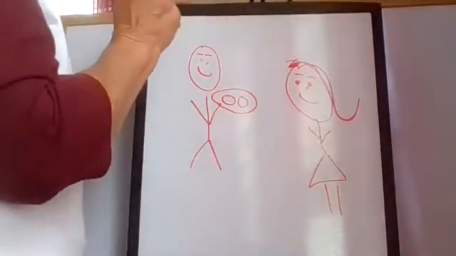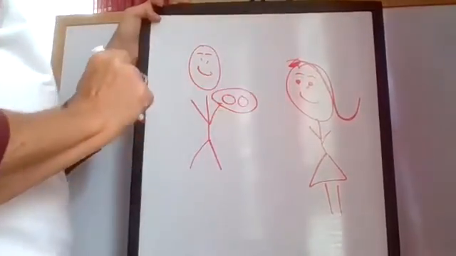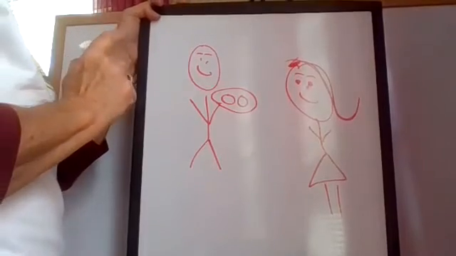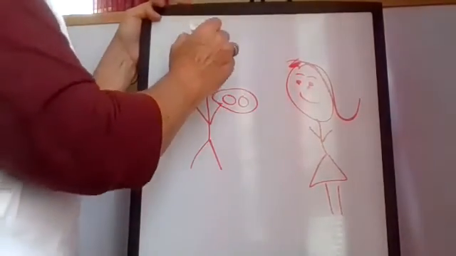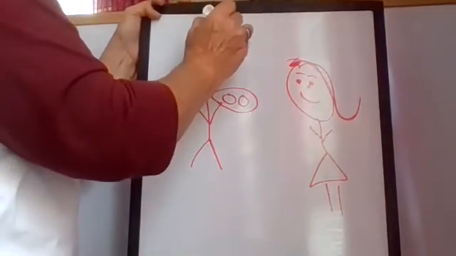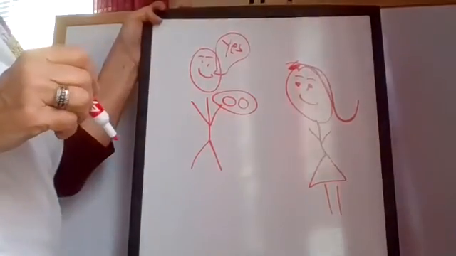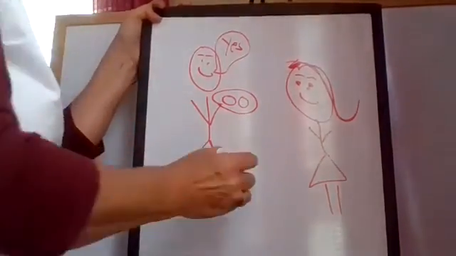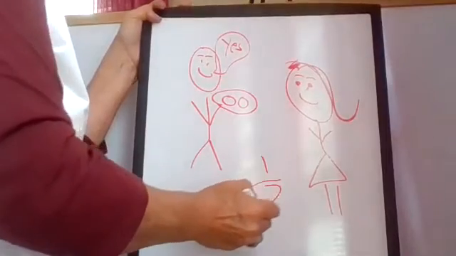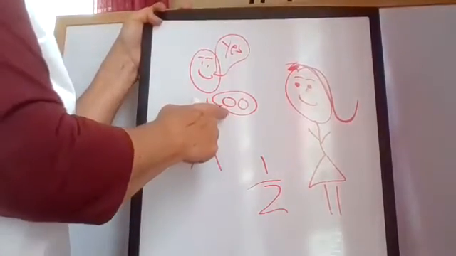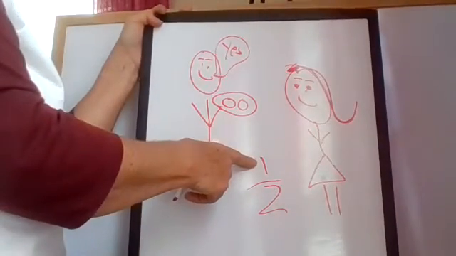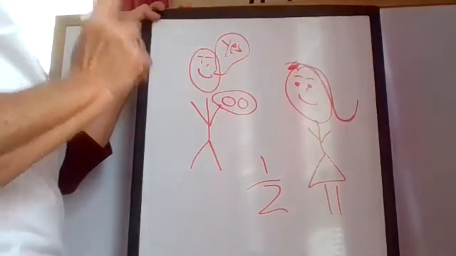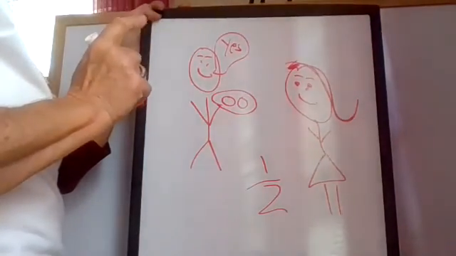Well, let's see who could come along. Suppose Jasleen came along and said, hey, Eli, can I have 1/2 of your cookies? Eli, of course, says, what do you think Eli would say? Yes. So he's going to give her 1/2 of his cookies. Let's write the fraction. We have 2 cookies in our set. So how many is he going to give Jasleen to give her 1/2?